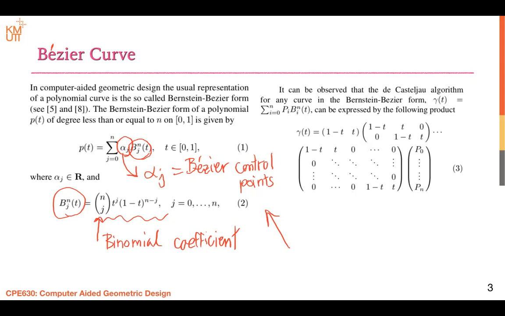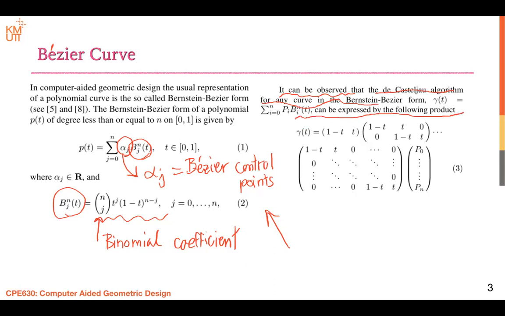The Delgado algorithm is also another form. It can be observed that the Delgado algorithm for any curve of Bernstein form can be expressed in the following product.